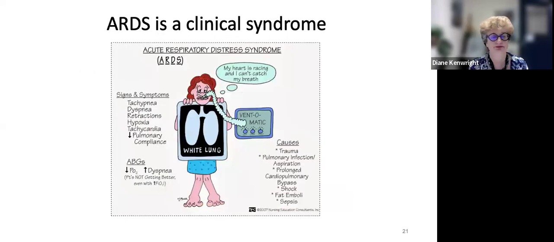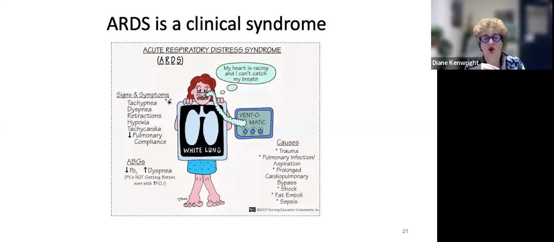So what's the relationship between this, diffuse alveolar damage, and ARDS? Let's carry on. ARDS is a clinical syndrome, and if you look down the microscope in a person with the clinical syndrome, you will see the changes of diffuse alveolar damage. What do we see? We see a whiteout on the X-ray. They can't breathe at all, even with high pressure.